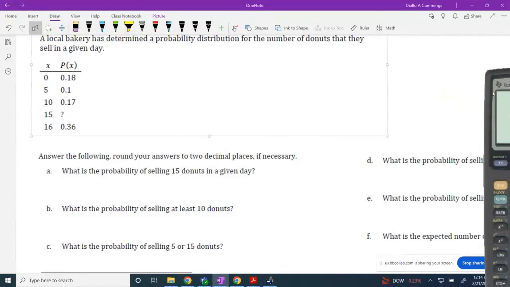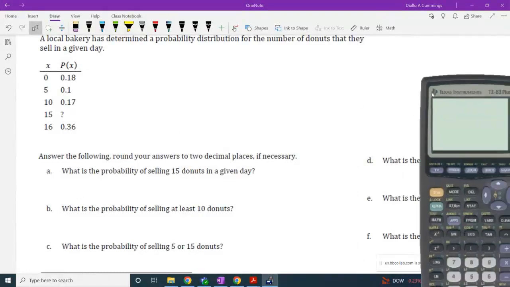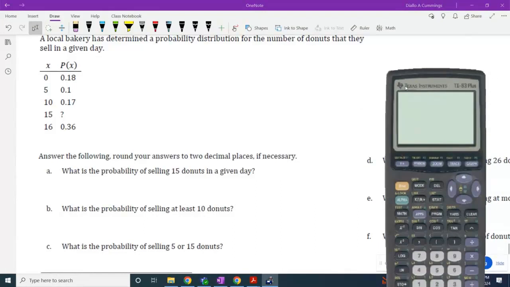The first problem, A, says, what is the probability of selling 15 donuts in a day? Well, they don't give us the probability for 15 donuts, but they give us the probability for everything else, so we could actually find it.